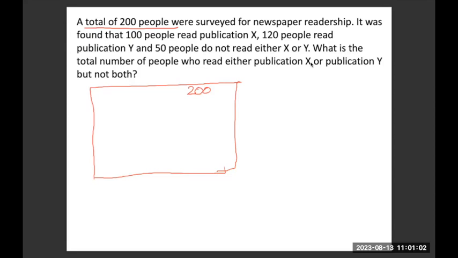It was found that 100 people read publication X, 120 people read publication Y, and 50 people do not read either X or Y. So within this, there are 50 people who do not read publication X or Y.